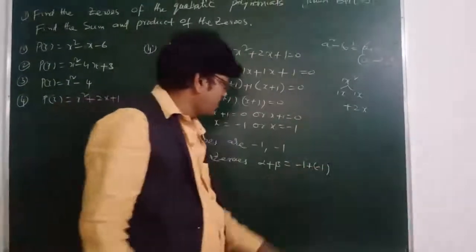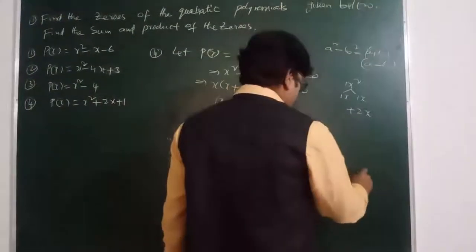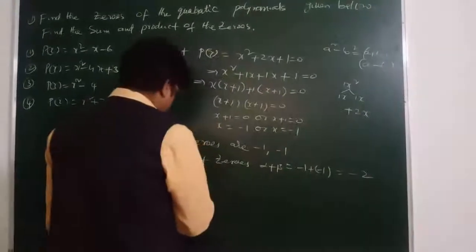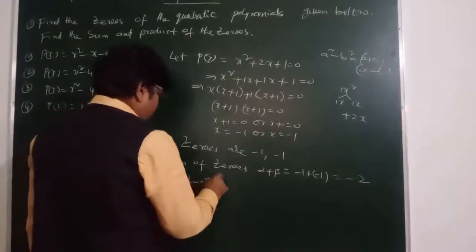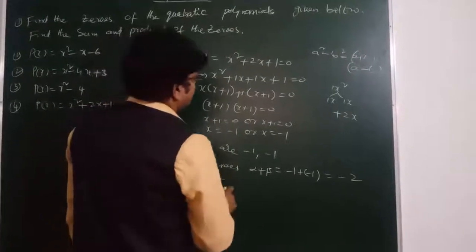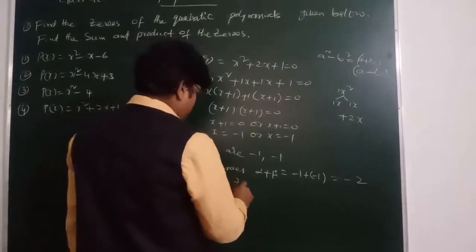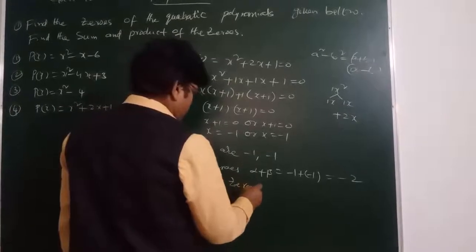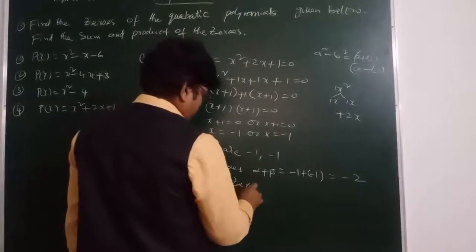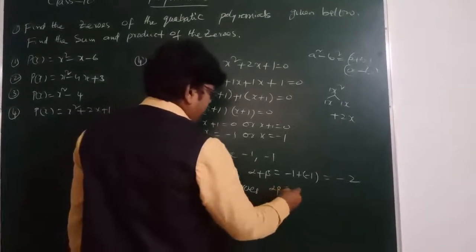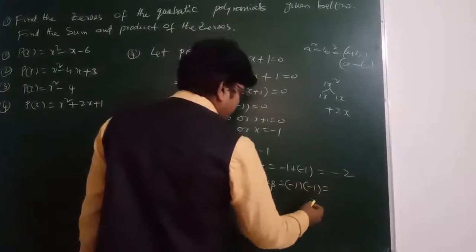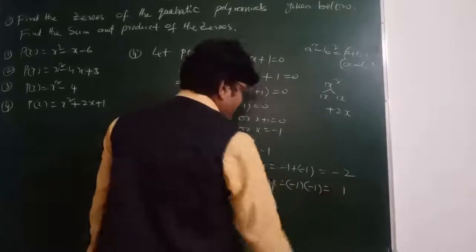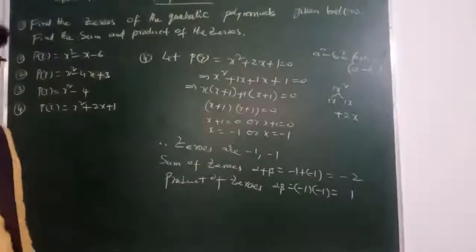Minus 1 plus minus 1 is minus 2. Product of zeros alpha beta equals minus 1 into minus 1. Put brackets. Plus 1. That's it. Copy down.